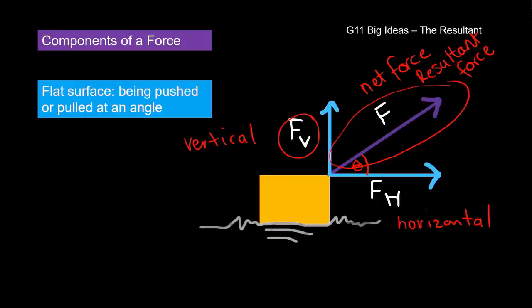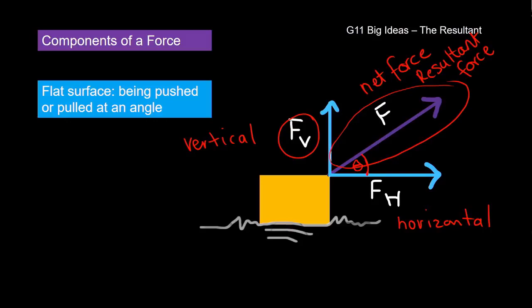So we've got this component, and this component. We can take those components away and replace them by a single vector, which is then called the resultant. Now, these horizontal and vertical components can be calculated if we know what that net force is, what the resultant is.